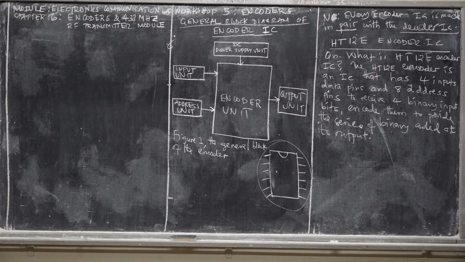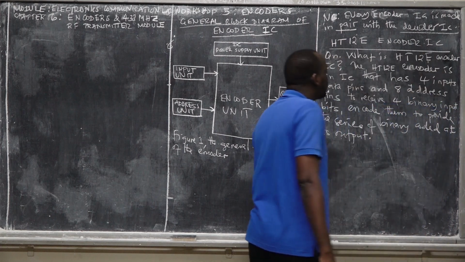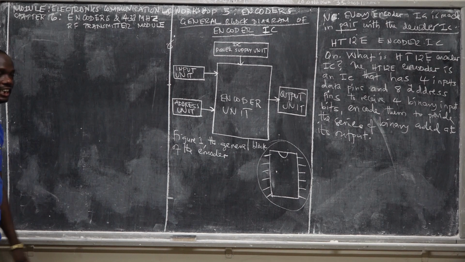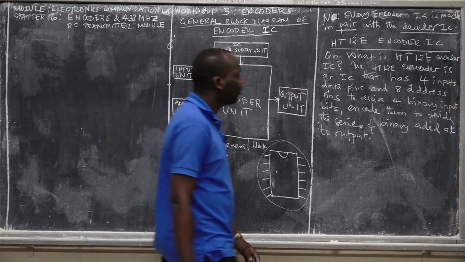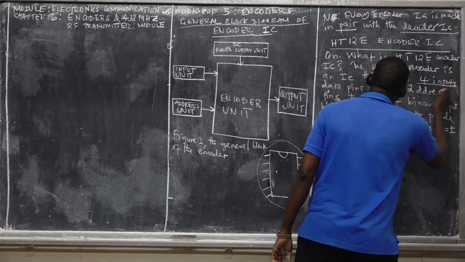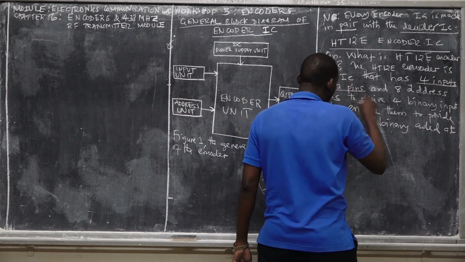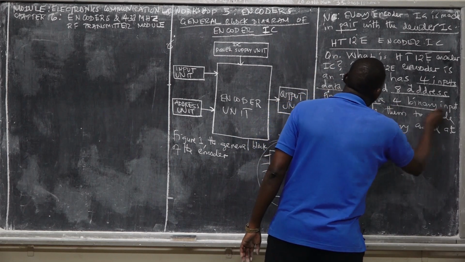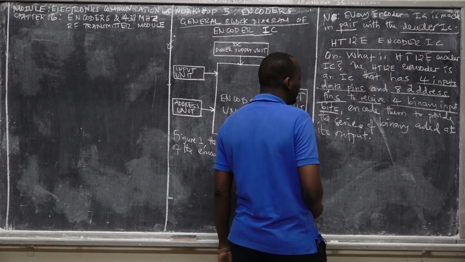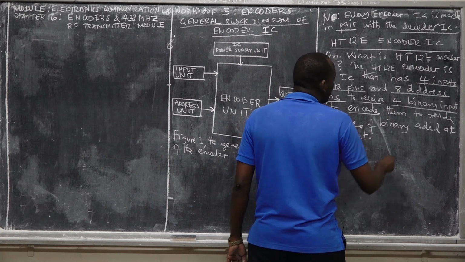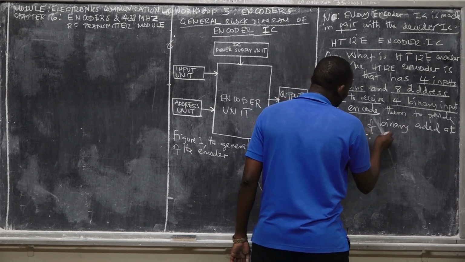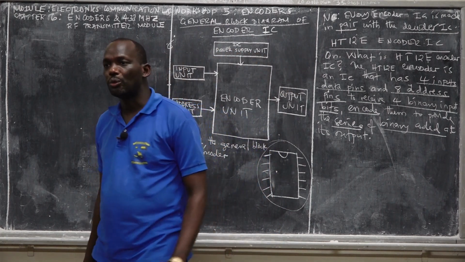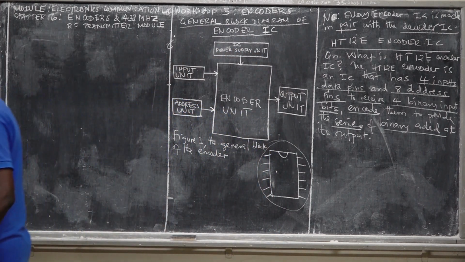Okay. So the HT12E encoder, we say that this is an integrated circuit that has 4 input data pins, stop writing, 4 data pins and 8 address pins to receive 4 binary inputs or binary bits, encode them to provide a series of binary coded bits at the single output.